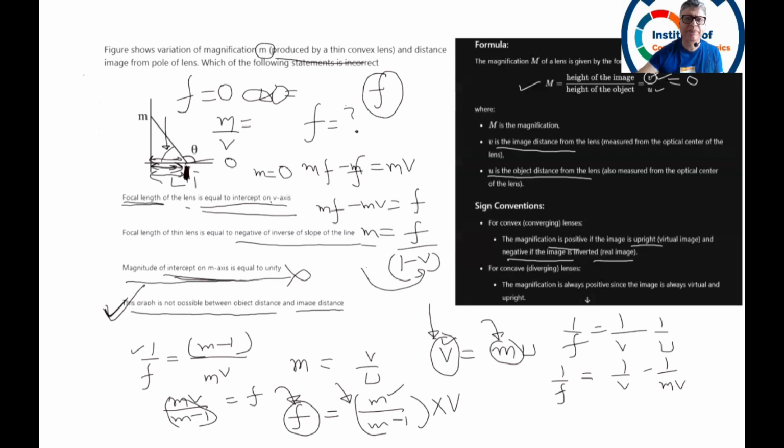You keep the object between focal length and 2f. Beyond 2f, f and o, you do get different magnifications, right? But the magnification is in no way directly, like y is equal to mx with a negative slope. That doesn't come. So I hope this answers. I think the correct choice is 4. This graph is impossible to make. Thank you very much.